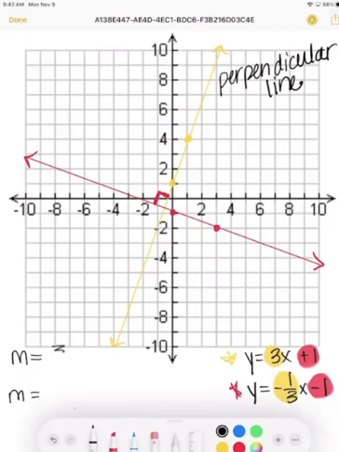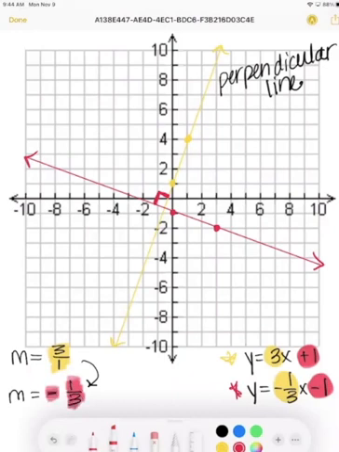So the slope for the first one is 3, but because we know we need rise over run, I did 3 over 1. And then the slope for the second one was -1/3. All right. So if you look at this slope here, all we did to get from the first slope to this slope is we flipped the fraction and then we put a negative sign in front of it.